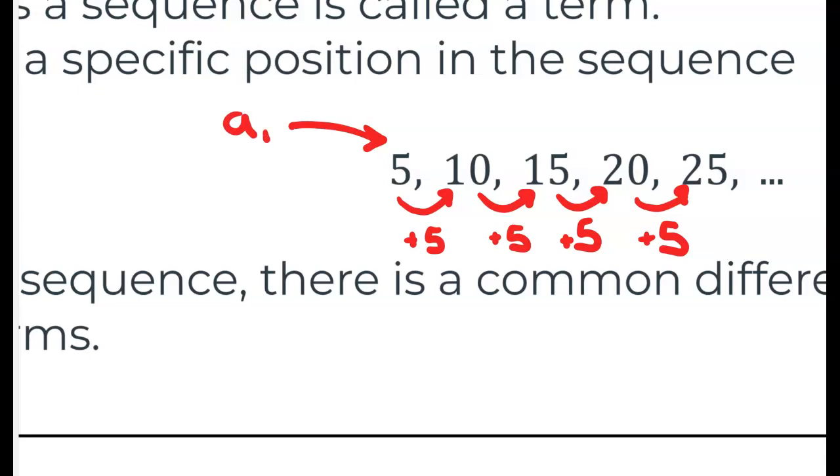The little 1 underneath shows what position it's in. So this is our first term. So if we were to go to 20, and we would want to give that a position, that's in the fourth position. It's our fourth term. So we'd write that as an A with a little 4 underneath it. So that's the fourth one.